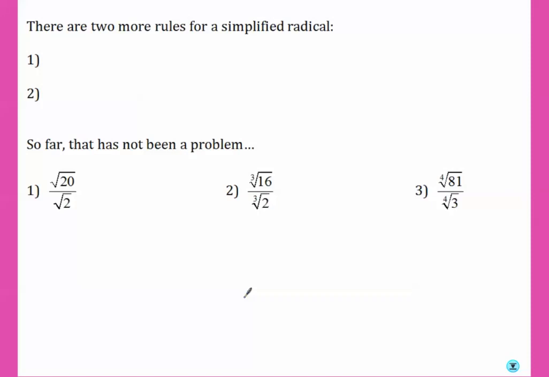All right, today we're going to be learning about how to rationalize the denominator. There's two more rules for a simplified radical. You can't have radicals in the denominator, which you should have learned a little bit about in previous math classes.